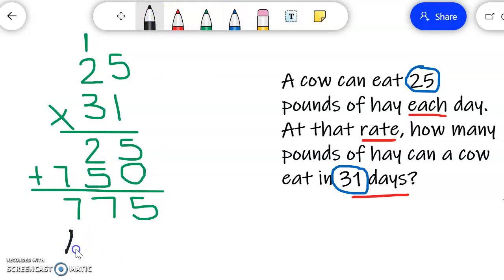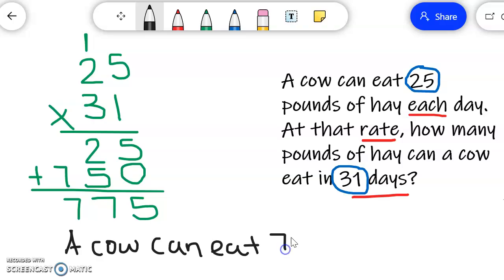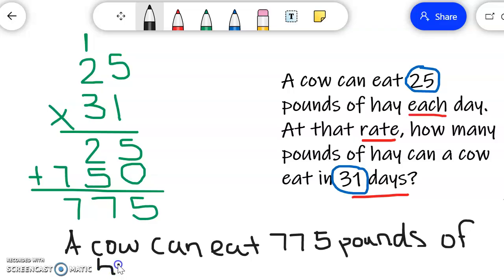So a cow can eat 775 pounds, and I want to write the word pounds, of hay in 31 days.